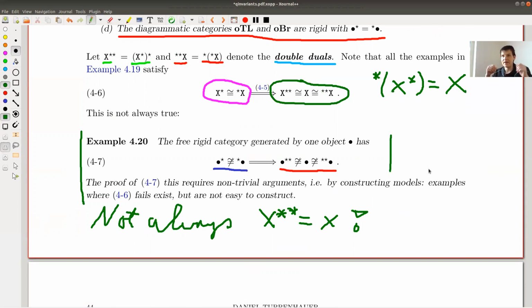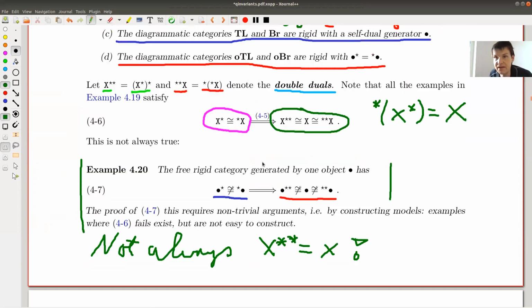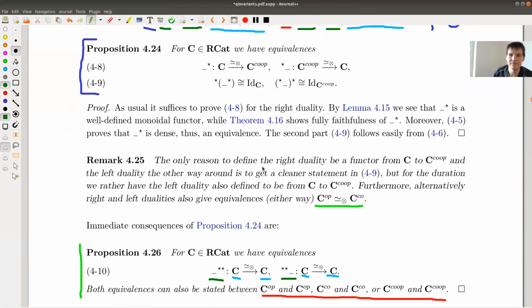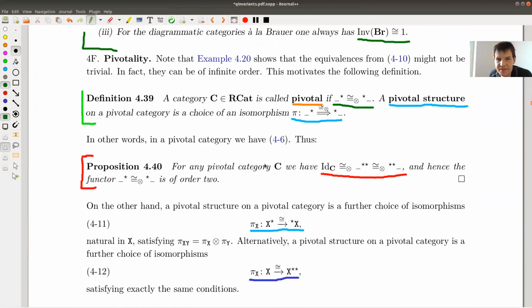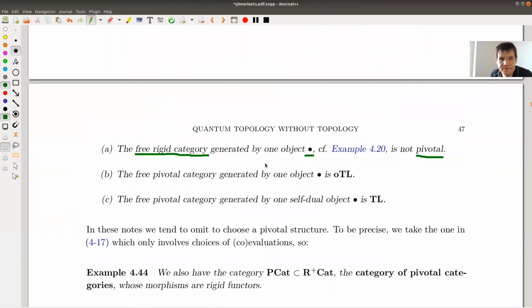So like bullet dual is not bullet. Bullet dual dual is not bullet, and so on. So it's really free. So you can take the five hundredth dual, and it's still not bullet; dualities of infinite order. To show that is a little bit of a pain, but it would be.